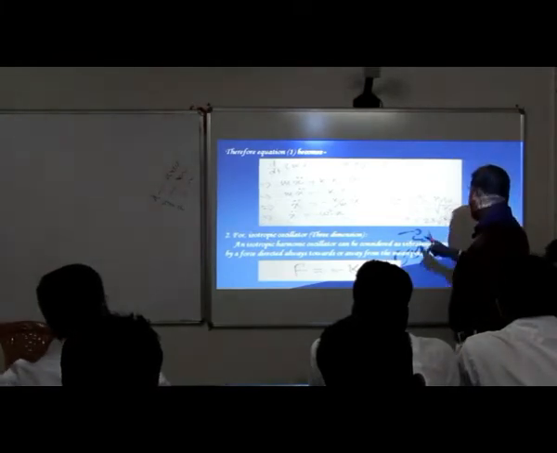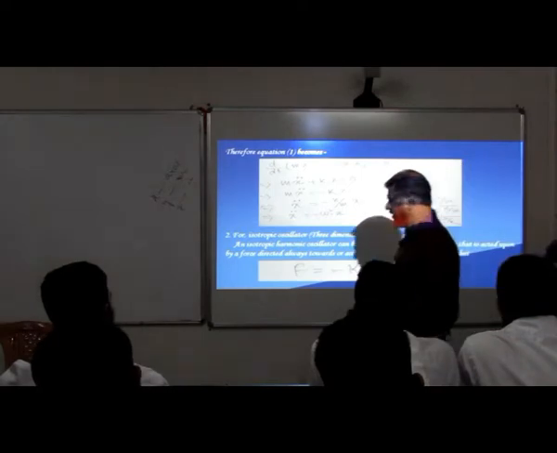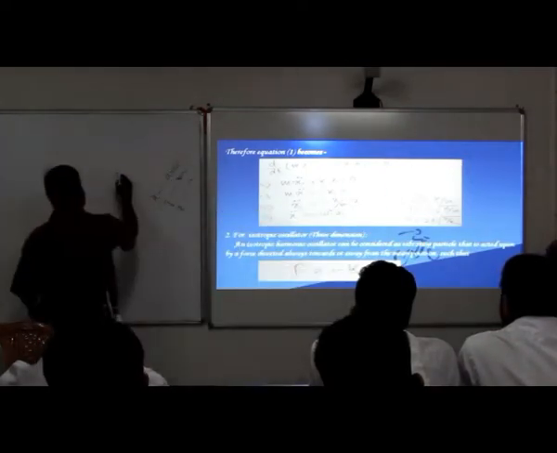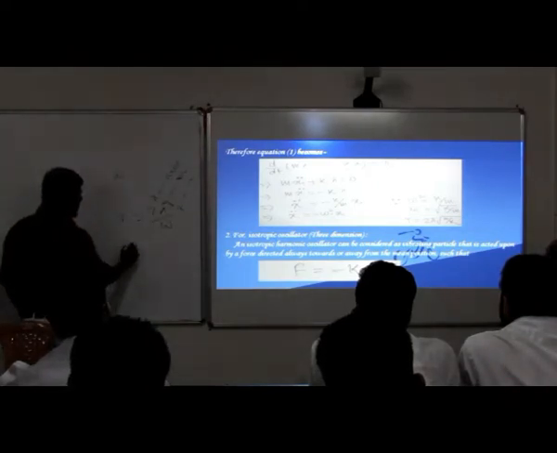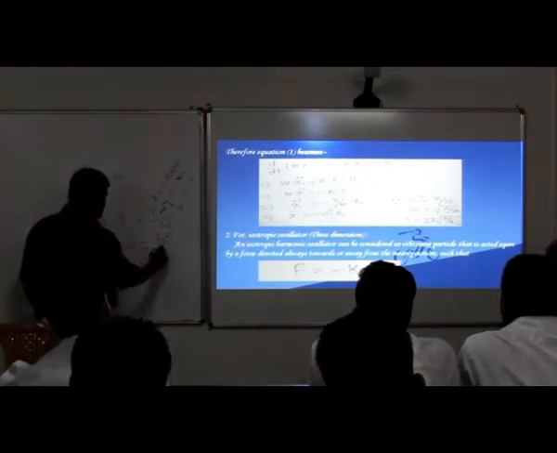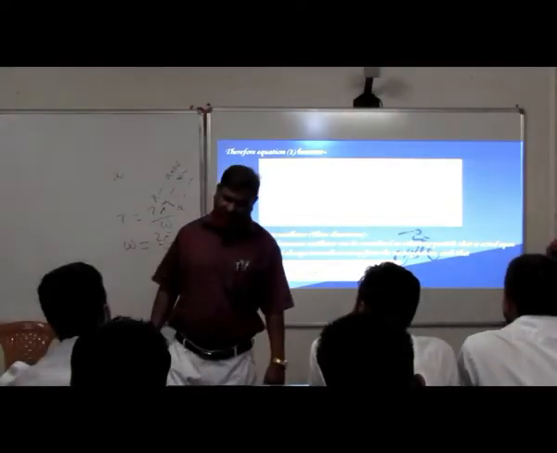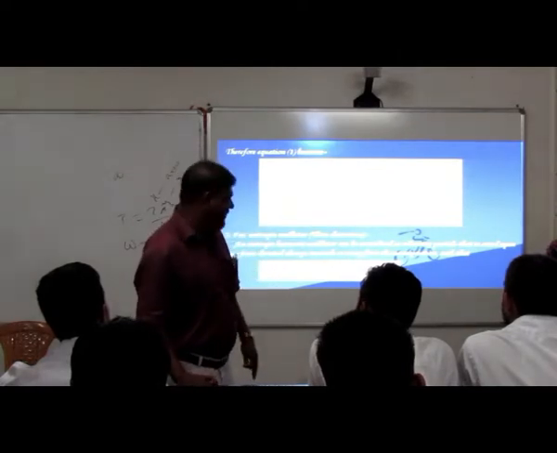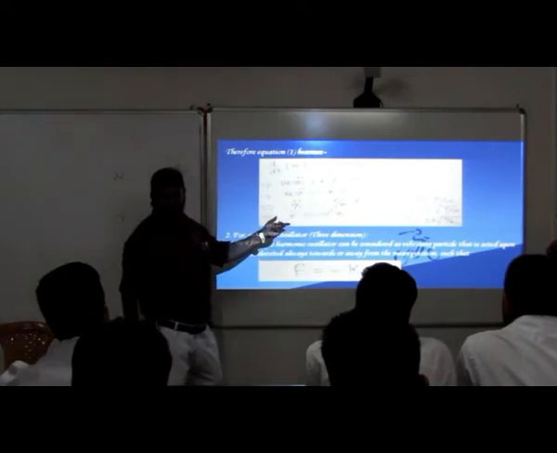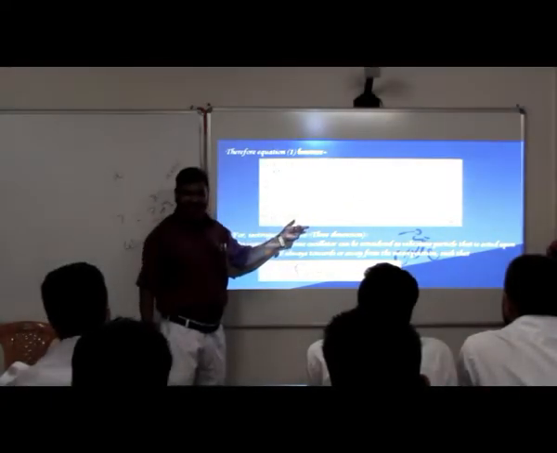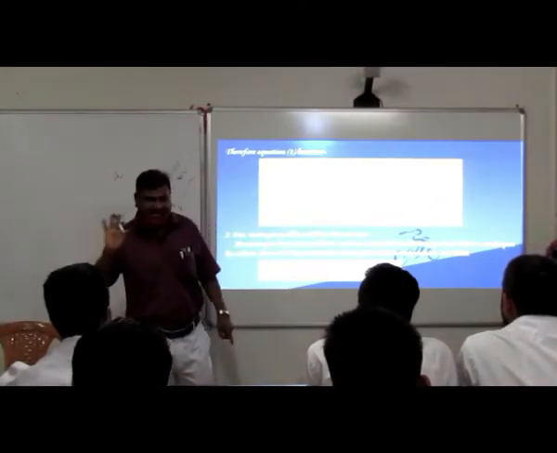The time period is equal to twice pi divided by omega, so omega is equal to twice pi divided by T. From this equation we can find out the time period of the harmonic oscillator. This is the desired Lagrange equation, called the Lagrange equation of motion for a conservative system.